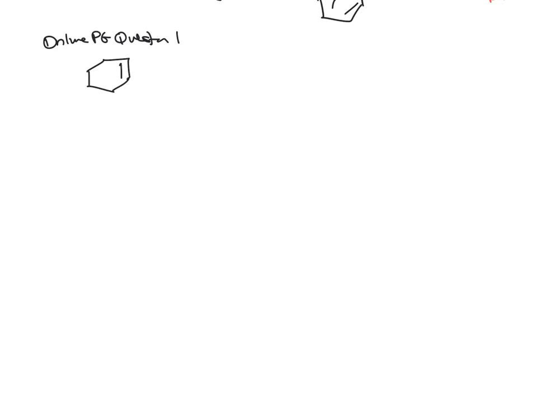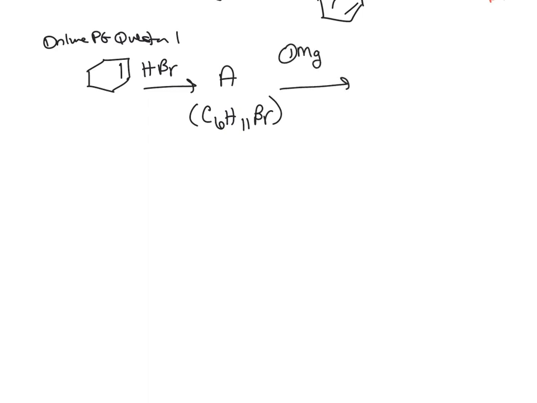You got the cyclohexene, and you add HBr. What is A? I'm going to give you C6H11Br, and then I'm going to give you the next reagent, magnesium, copper, or carbon dioxide, and water and acid.